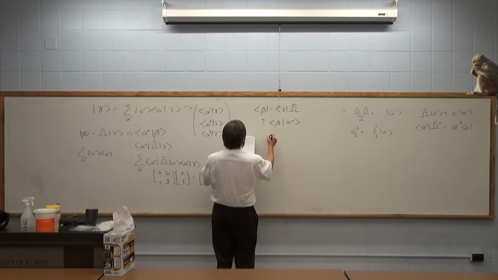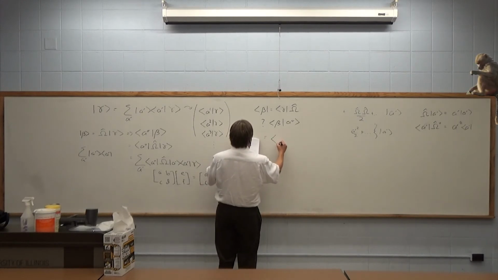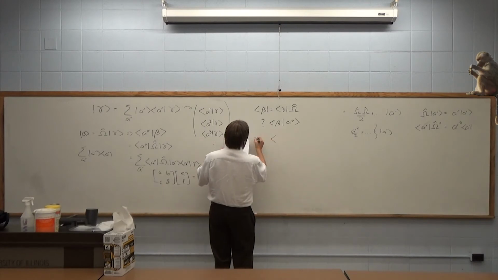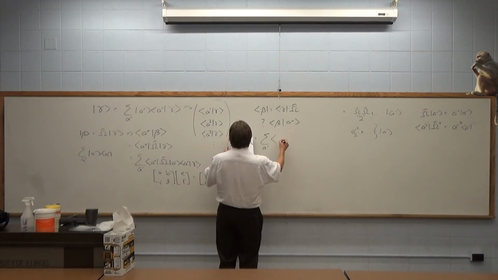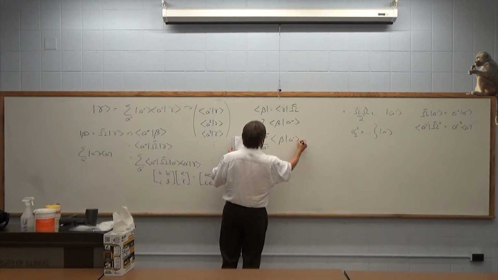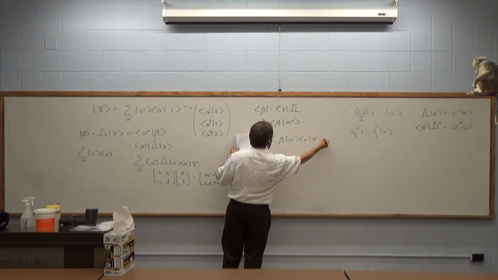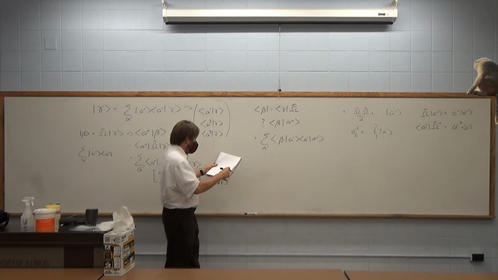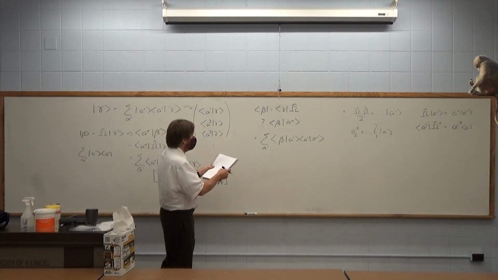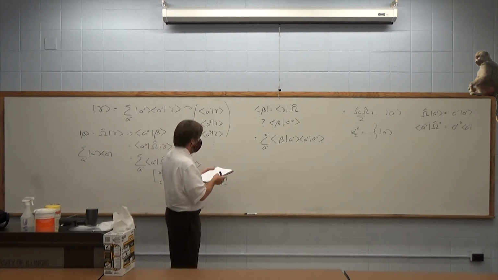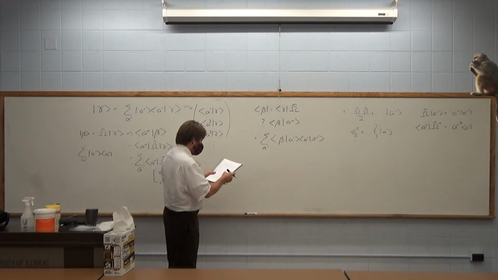Now again, to solve this, I will resolve the identity. And that's why I use double dash there, because I want to use single dash here. And, oh, wait a minute. What have I done? I've done something stupid.